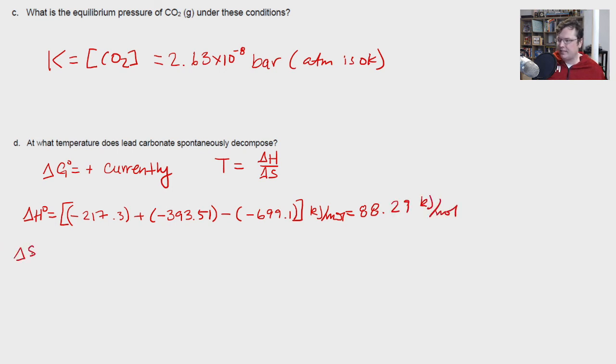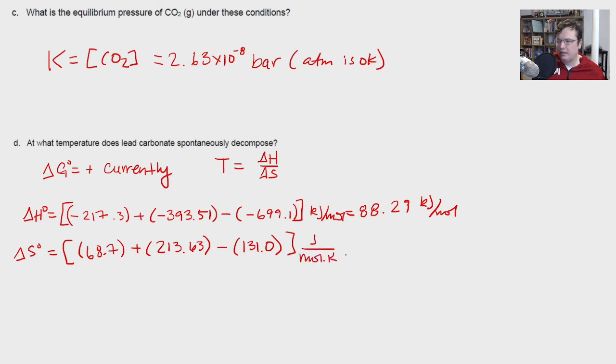Do the same thing now for the delta S. If we plug those numbers in, what we have is 68.7 for the lead oxide plus 213.63 for the CO2 minus 131.0 for the lead carbonate, and all of that has the units of joules per mole per Kelvin.